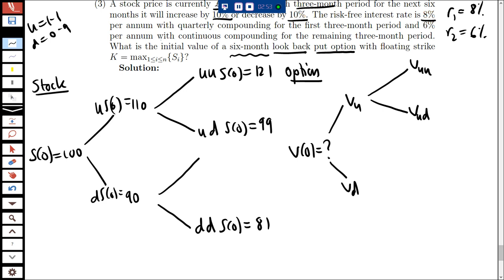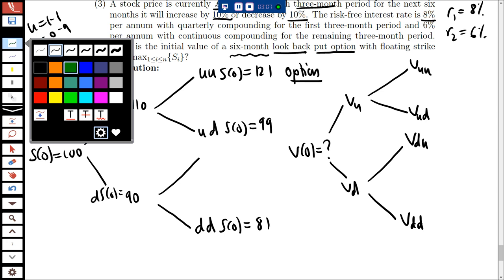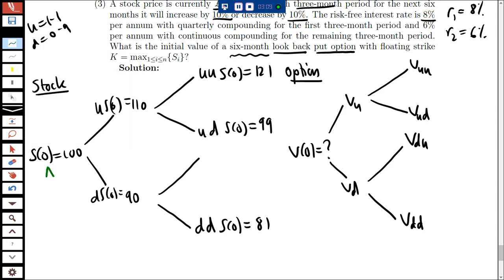So up and up, up and down, then we're going to have a down and an up, and finally a down and a down. Okay, I'm just going to label some of these for later: A, B, C, D, E, F.